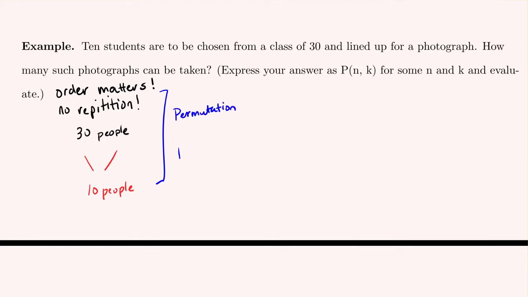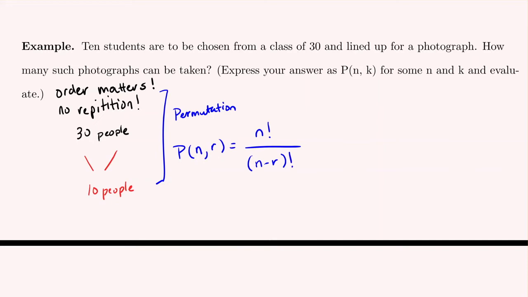And we know our permutation formula is the permutation of the total n objects into a smaller collection of r objects is always n factorial divided by n minus r factorial. That's our formula from above.